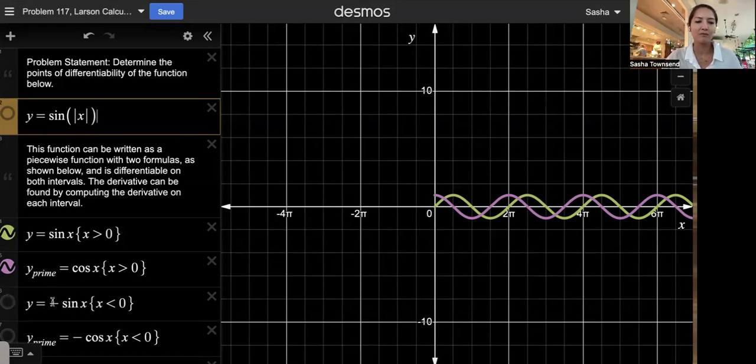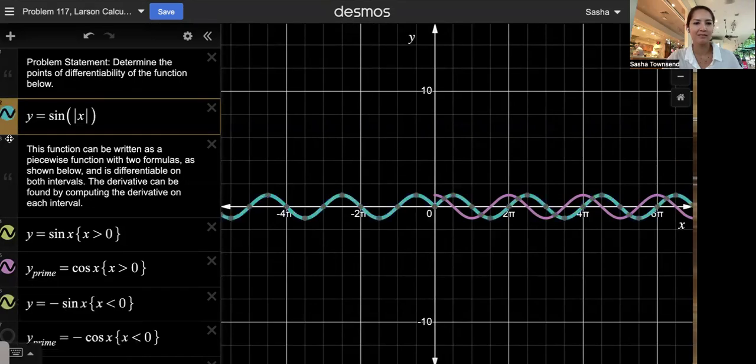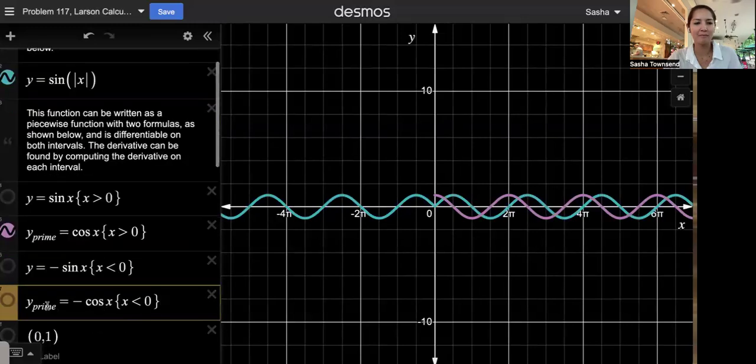So we can bring that factor of -1 outside of the sine function, and sine of negative x becomes negative sine of x. And so we see that as our graph. I actually prefer this other color. Let's use that one instead. But on this branch, we take the derivative and we get the derivative of negative sine of x is negative cosine of x. And the derivative looks like that.